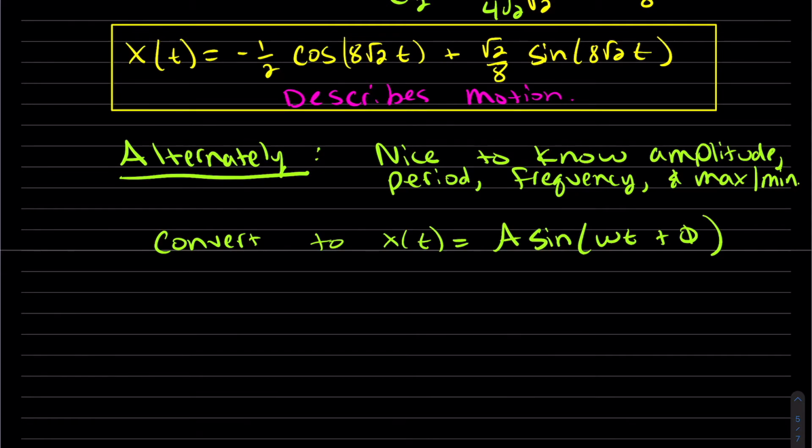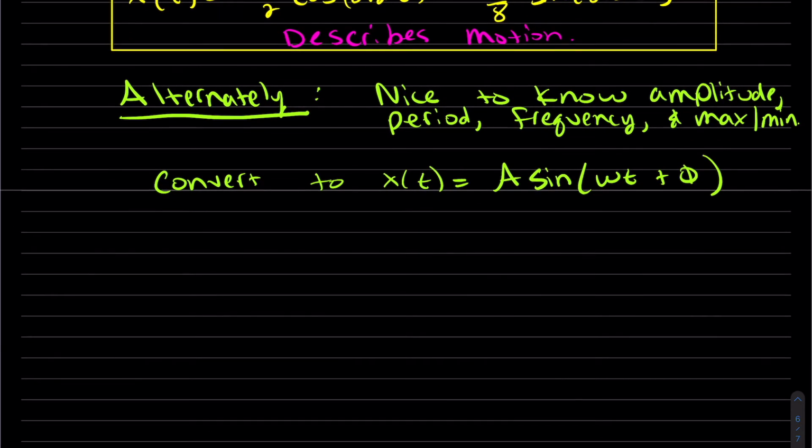So we've already found a piece of it. We just have to find the amplitude, and we have to find phi, which is our phase angle. So A is my amplitude, and phi is my phase angle.